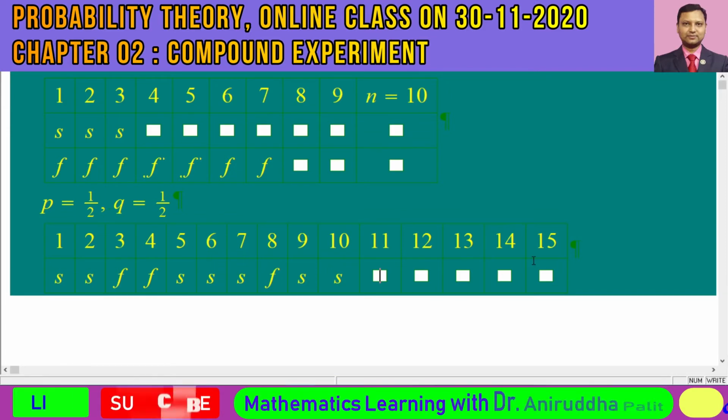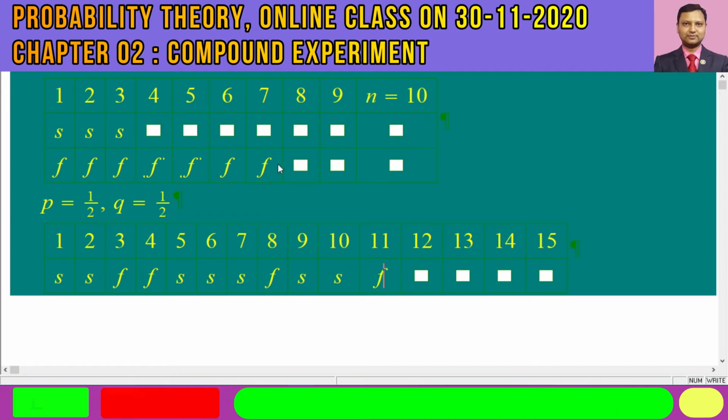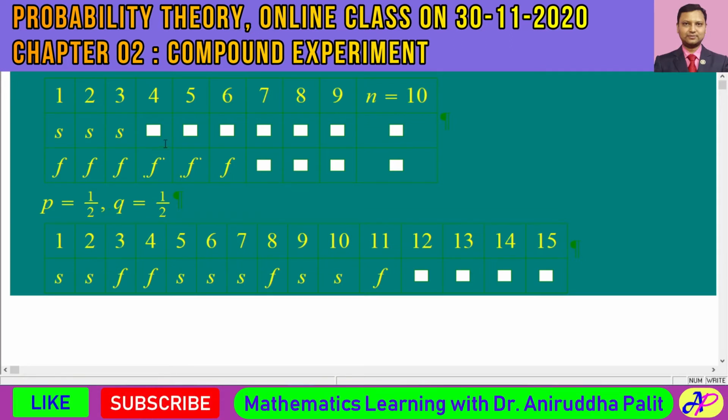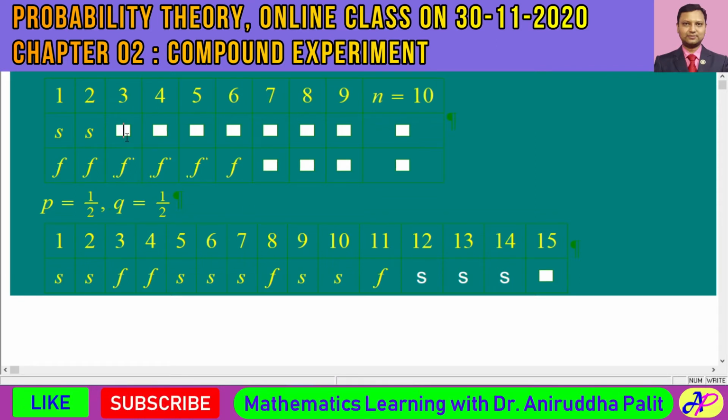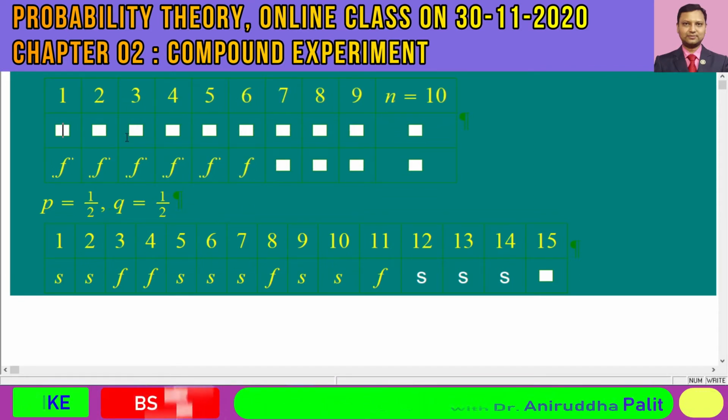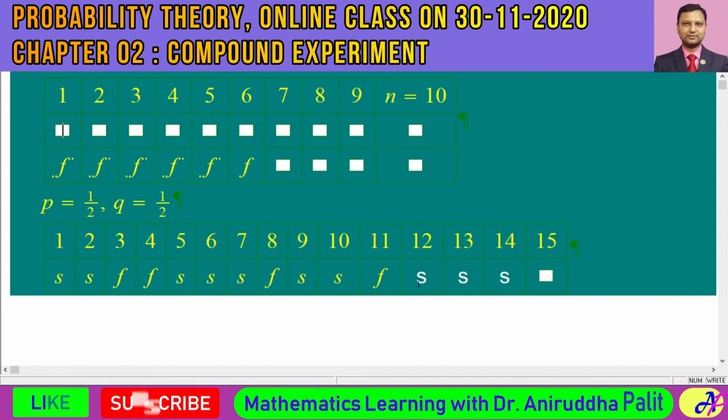Now suppose he draws a failure. Fine, one is gone. And then suppose successively he draws success, success, success, then these three sticks are used.